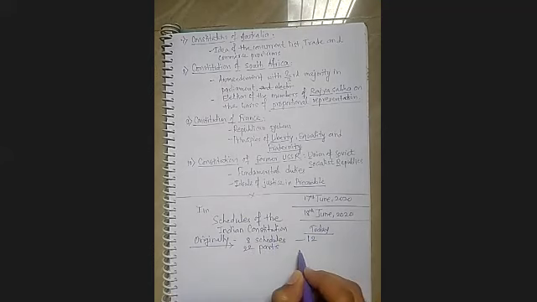Currently there are 25 parts. And originally there were 395 articles. Now there are 448 articles, right?